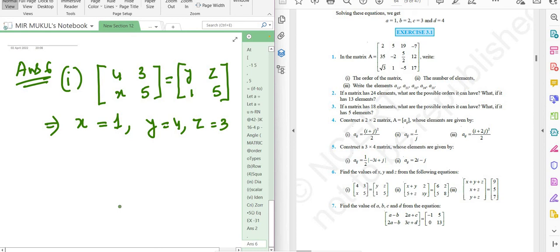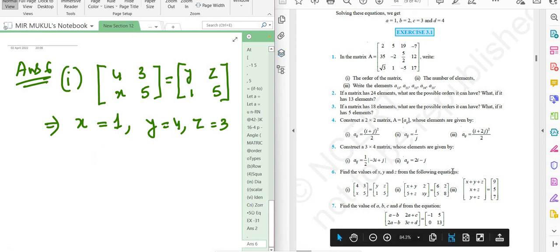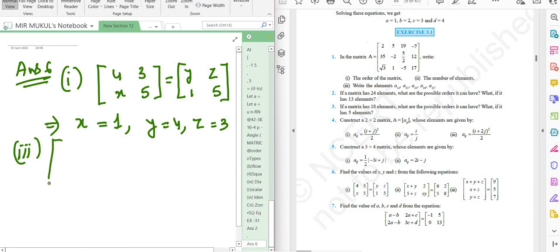From equality of matrices, we can say this. One more I am doing, the third answer. Here it is given x plus y plus z, then x plus z, y plus z equals 9, 5, 7.